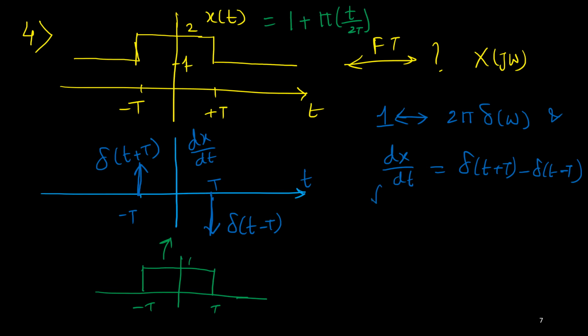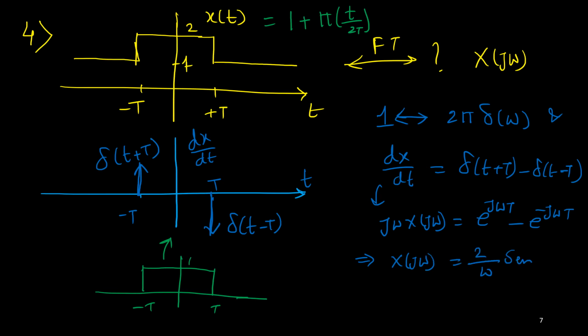So from here, taking this differential property, Fourier transform on both sides, you will get j omega X of j omega, and the right side is e to the power j omega T minus e to the power minus j omega T. Then if you simplify it, you will get X of j omega is 2 upon omega sine of omega T.